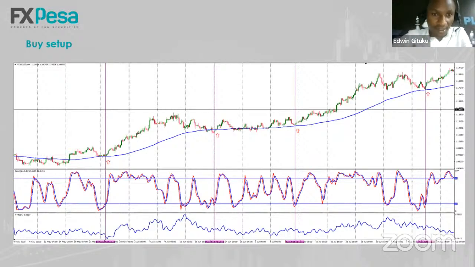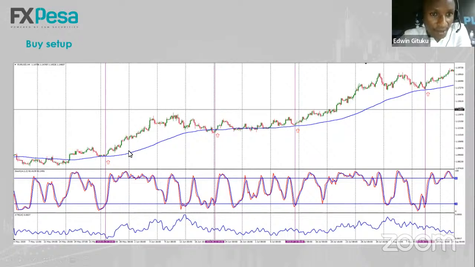So aligning your trades in line with the direction, you're already halfway towards identifying the right opportunity. So in this case, you can clearly see that price is trending higher and higher.